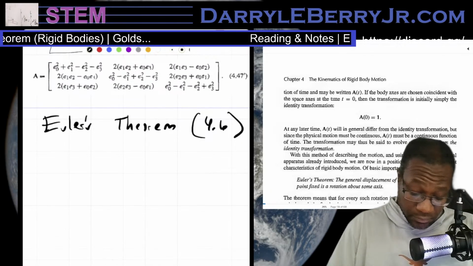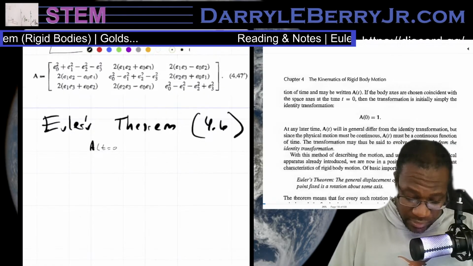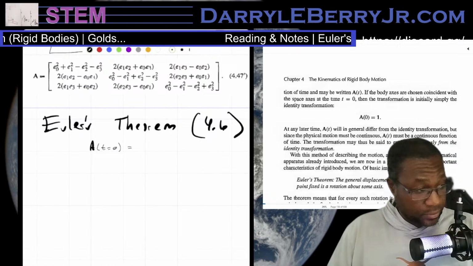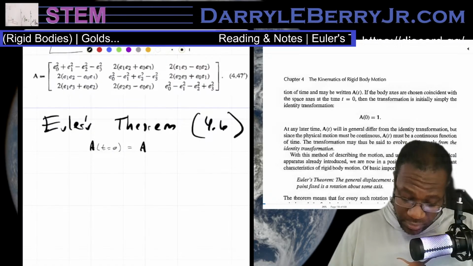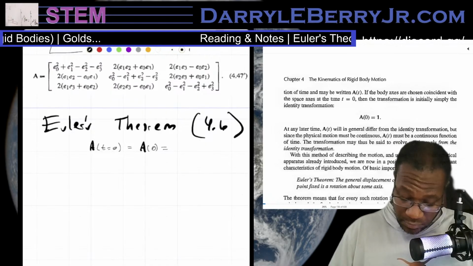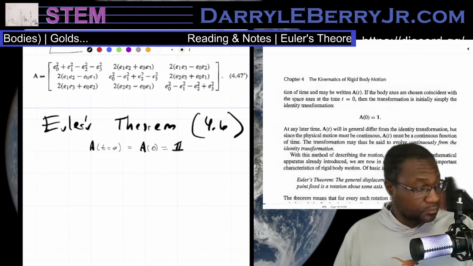So A at t equals 0 equals A0 equals the identity matrix.